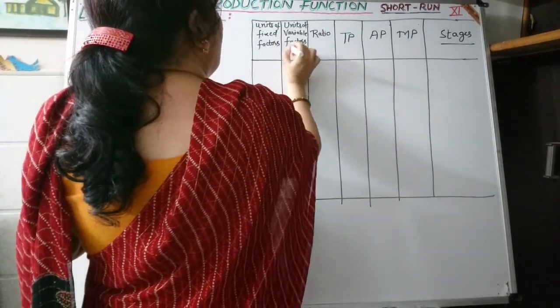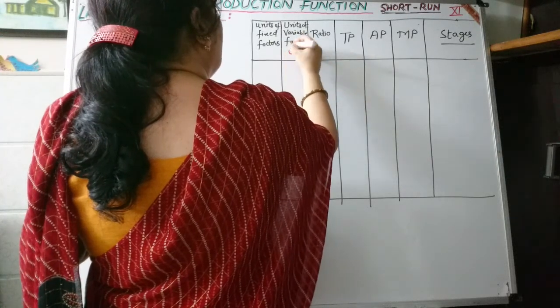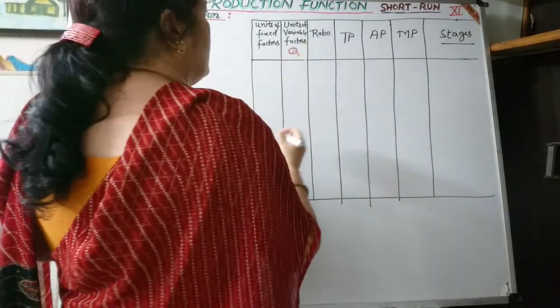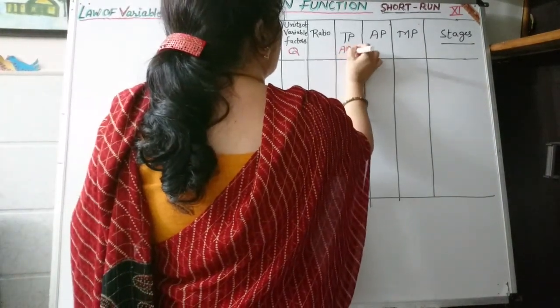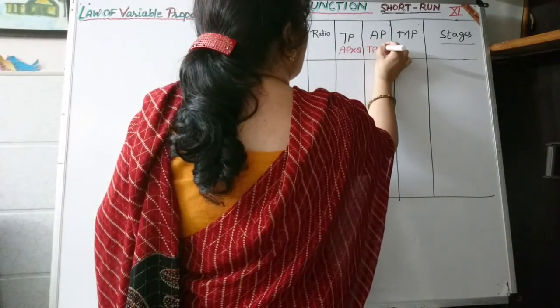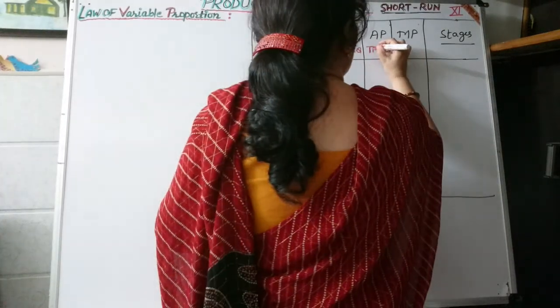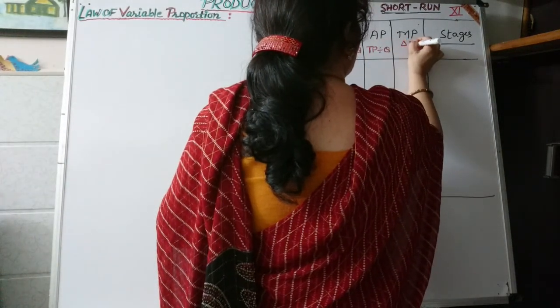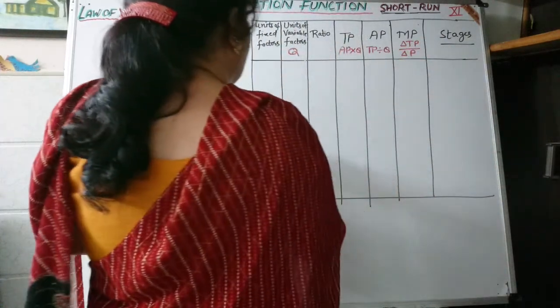So units of variable factor, that is known as quantity Q. TP can be calculated when average production is multiplied by quantity. AP can be calculated when total production is divided by quantity. And for the calculation of MP, change in total production divided by change in quantity represents MP.